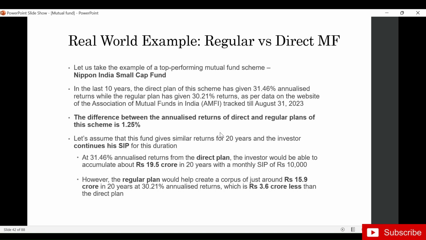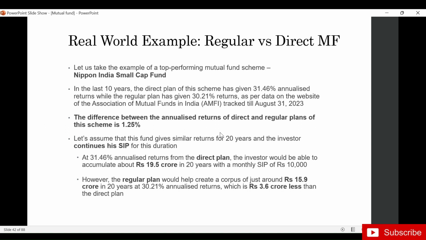Now case 2, if the investor invests via the regular plan, he will be able to create a corpus of around rupees 15.9 crores at 30.21% annualized returns, which is 3.6 crore rupees less than the direct plan.